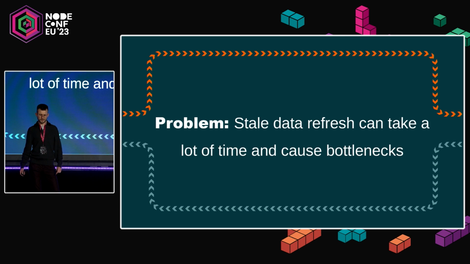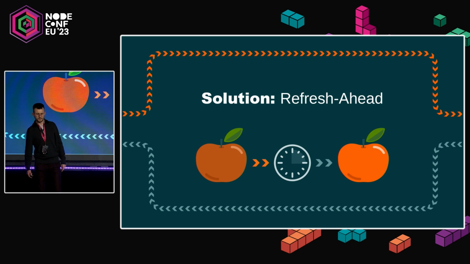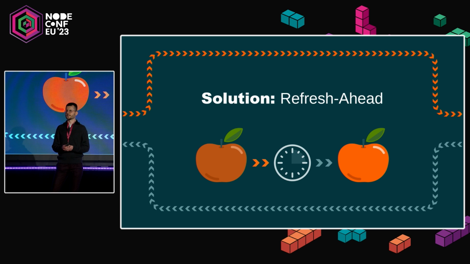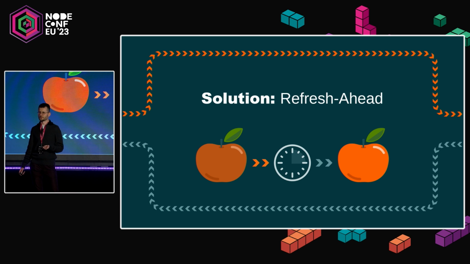So this can be prevented if you apply the pattern called refresh ahead. The whole idea of it is that in addition to doing the checks of TTL for when your data becomes stale and you want to evict it and repopulate again, you have a separate TTL for checking whether we want to start refreshing ahead of time.